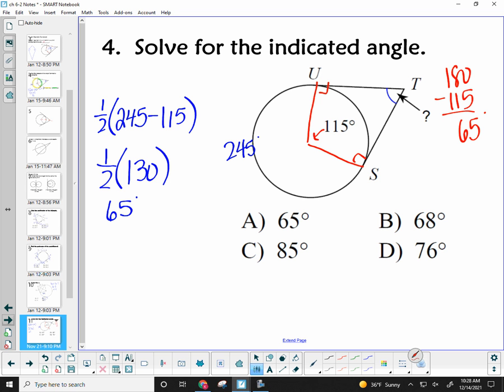Again, both ways are correct. I think this is faster and easier. And if I start putting expressions in here, this is a little bit safer because it's easier to add these together to be 180. But when you start subtracting expressions, you have to make sure you distribute the negative. And you'll see that on your homework. Okay, that'll come up on your homework.